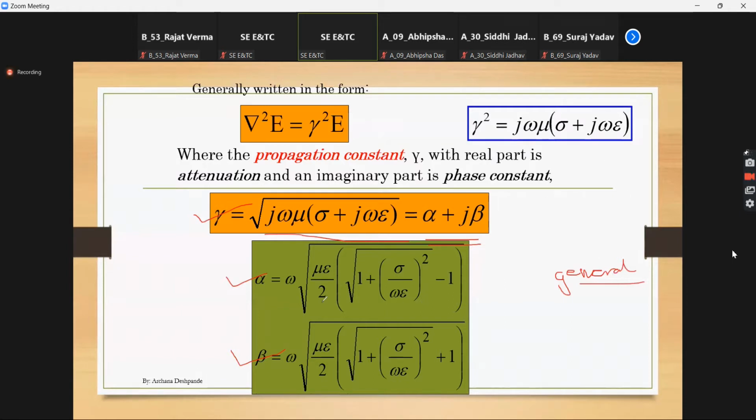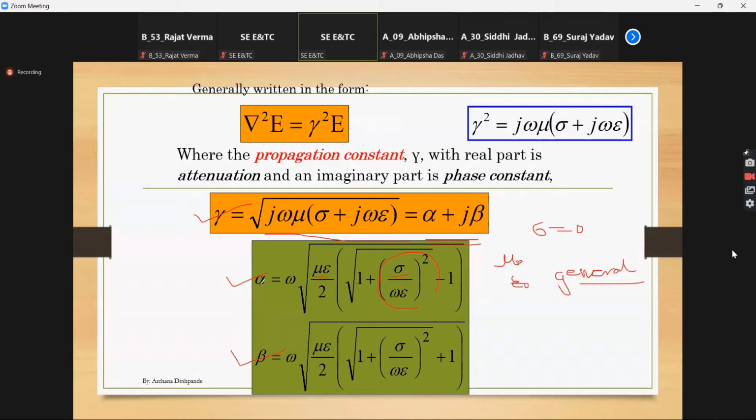If I want to express it in terms of free space, you know in free space sigma is 0, so substitute 0 here. You know in free space mu is mu 0 and epsilon is epsilon 0, so you can put those here. If sigma is 0, then this becomes 0. 1 minus 1 is 0.